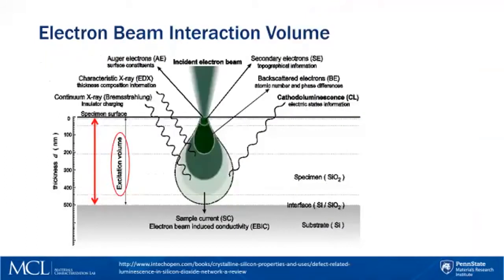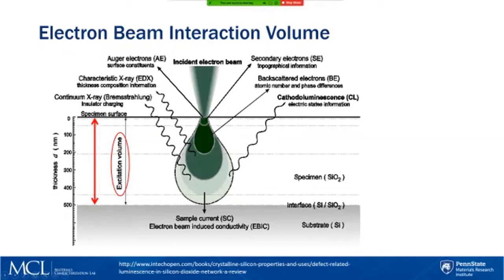How does this work? Well, when your electron beam hits the surface of your sample, it generates a whole bunch of different things. It'll generate secondary electrons, which come from fairly near the surface, and this is what allows you to image in secondary mode. It also generates backscattered electrons. This is what can help you determine your phase differences because it's sensitive to the atomic number.